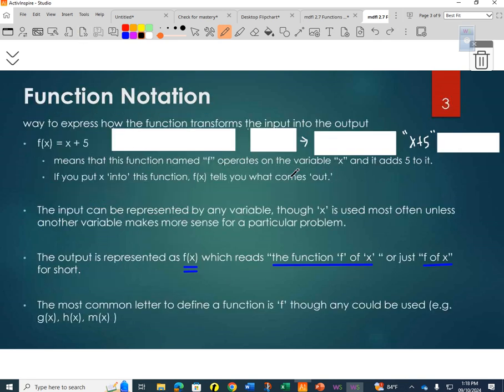Function notation, we've been talking a little bit about that already. I wanted to point out that if we had this equation, y equals x plus 5, this function down here is just the equation written in function notation. So that's the same thing as f of x equals x plus 5. f of x and y are the same thing.